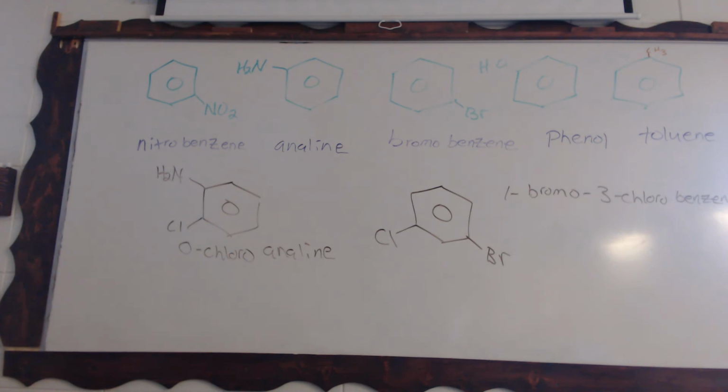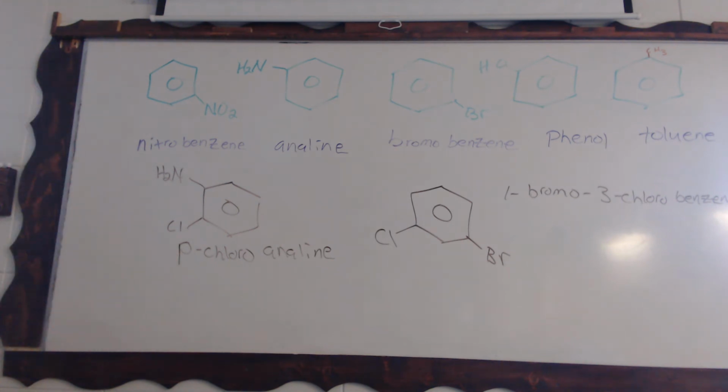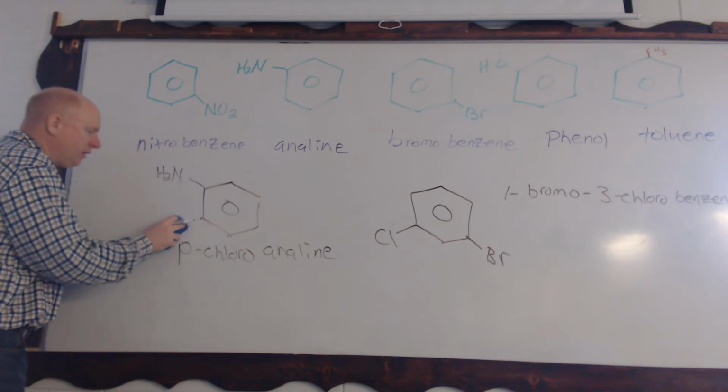So now, if we do that last designation, where would we have to move that chlorine? Because remember, it said 1, 2, 1, 3, and then para position is 1, 4, which means it's straight across from one another.